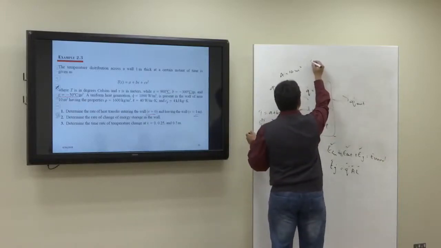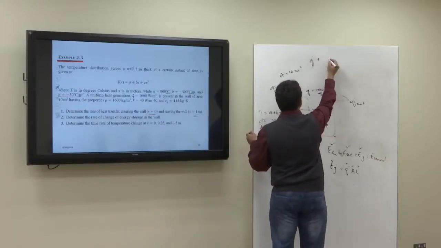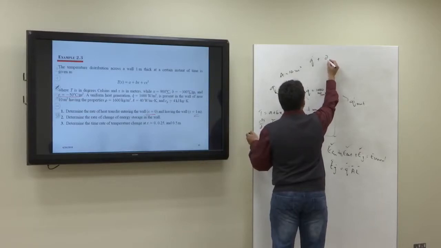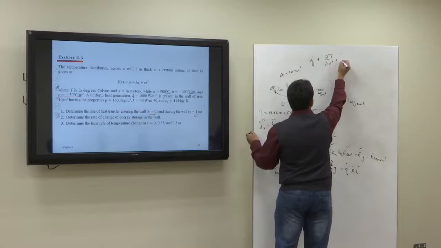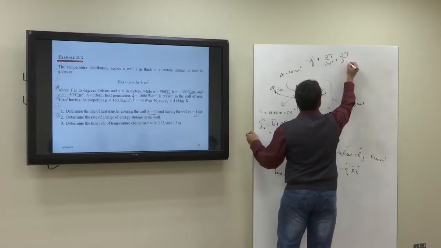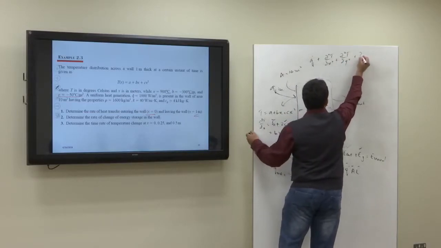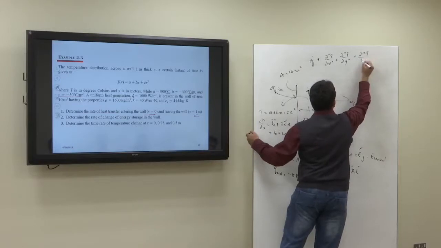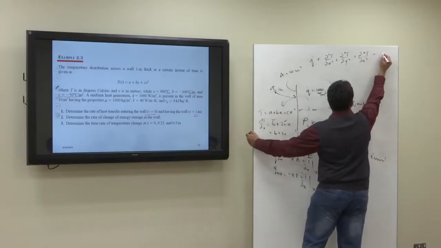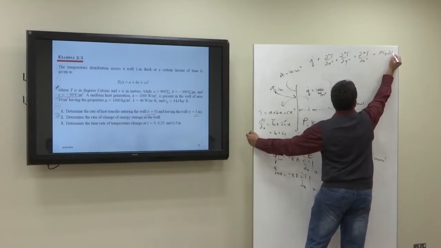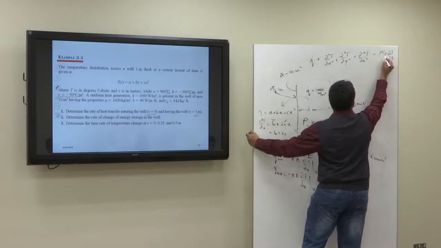Our main heat diffusion equation was Q dot plus ∂²T/∂x² plus ∂²T/∂y² plus ∂²T/∂z² is equal to ρ Cp ∂T/∂t.